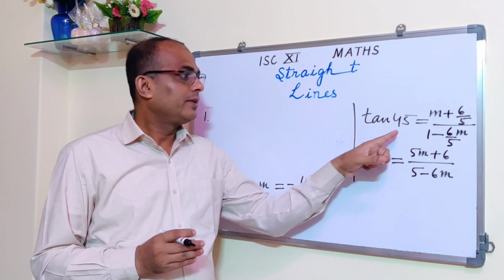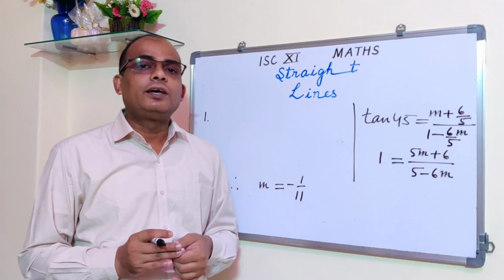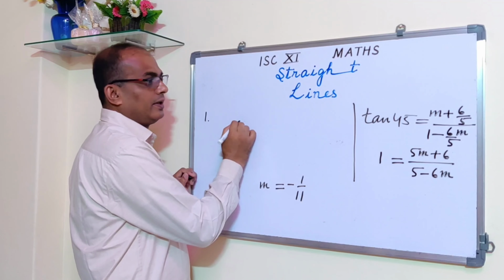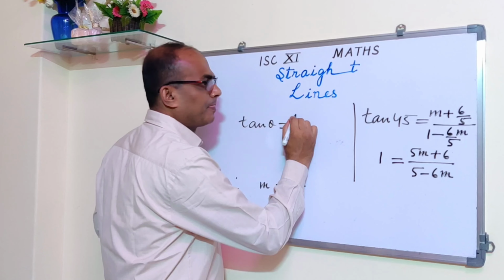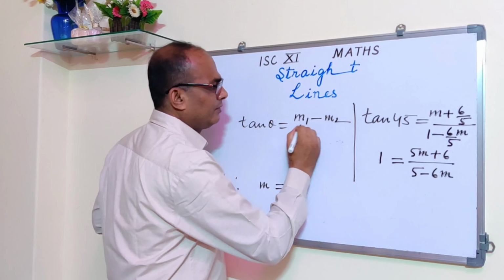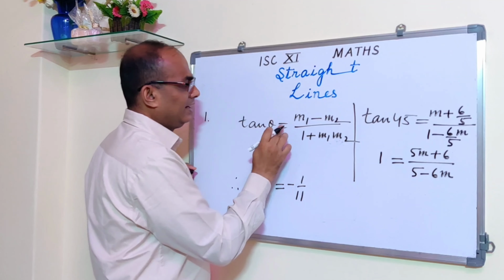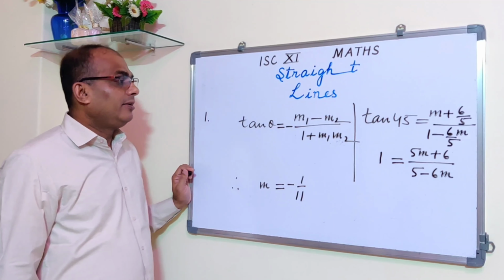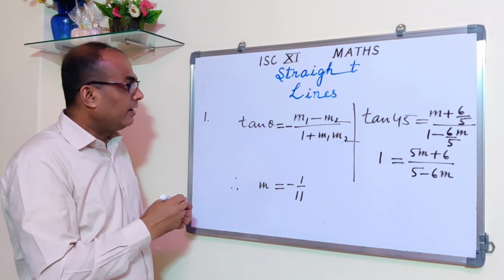First case we have taken plus. Now we'll take minus because we are considering both, plus and minus. So when tan theta is equal to minus m1 minus m2 upon 1 plus m1 m2, now we are taking the second case, minus sign.